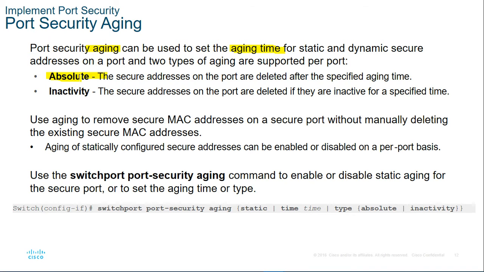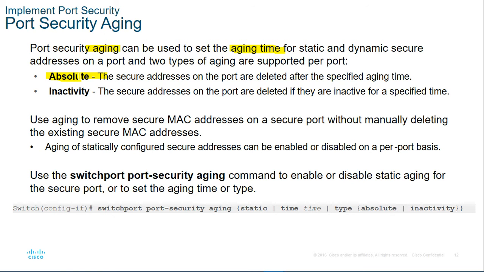For example, on interface 1, we registered the MAC address AAA. After that, we set the port security aging time as 10 minutes, and then set the type as absolute. If you set the absolute type, what happens?